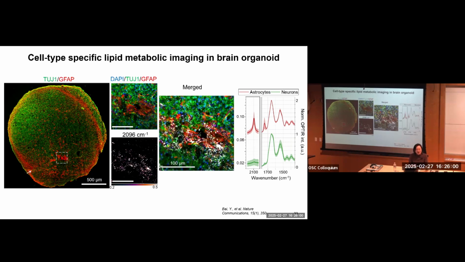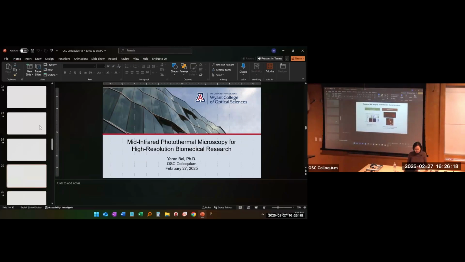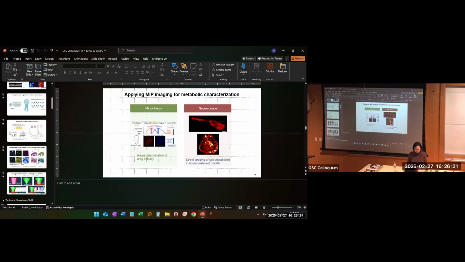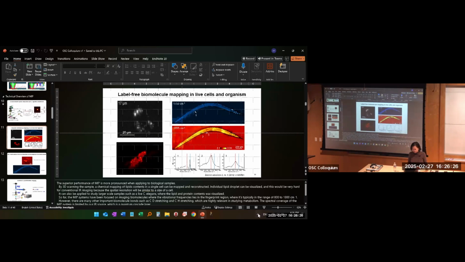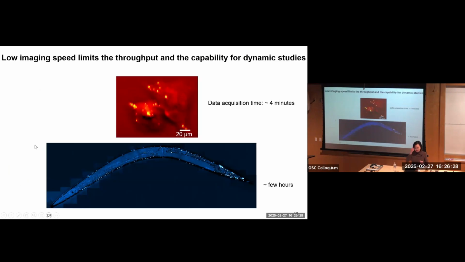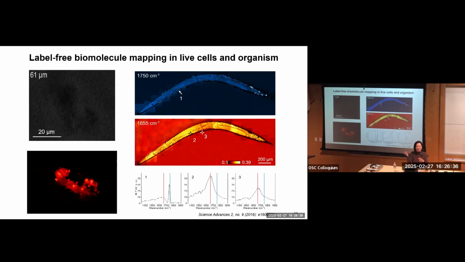You mentioned increased data resolution. How about the actual resolution? Yeah, that's also a very good question. From the previous 3D reconstruction image, yes, the Z resolution is also increased compared to mid-IR imaging, because the Z depth is also related to your wavelengths, right?